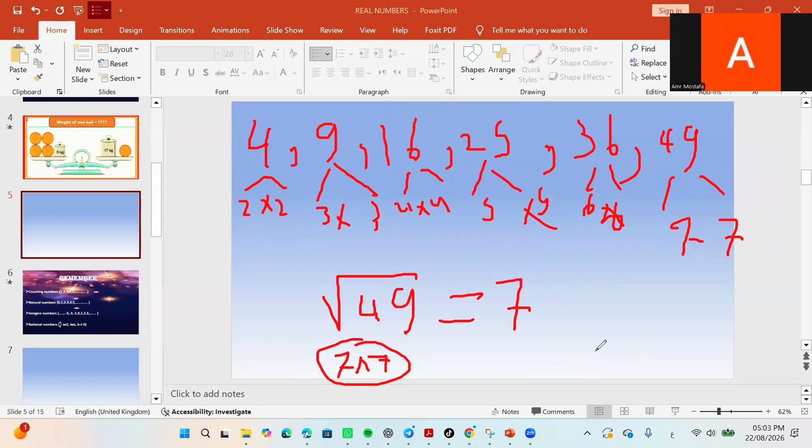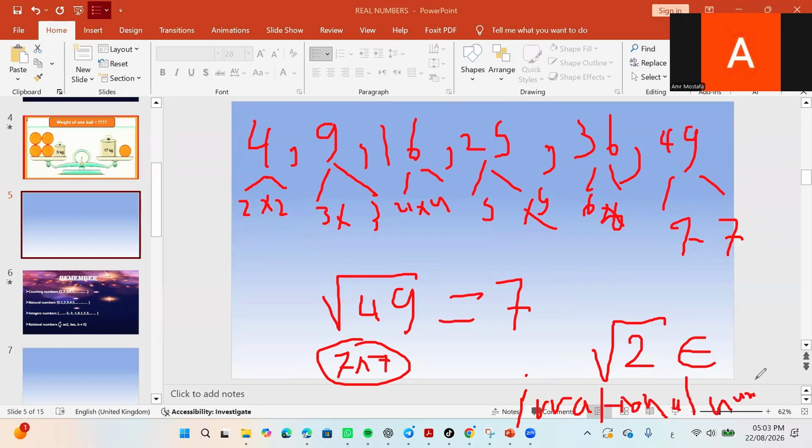We have to know: root 2 belongs to what? To Q? No. This is a new set which is named irrational numbers. So the first type of numbers which belong to irrational numbers is the square root of a non-perfect square number.